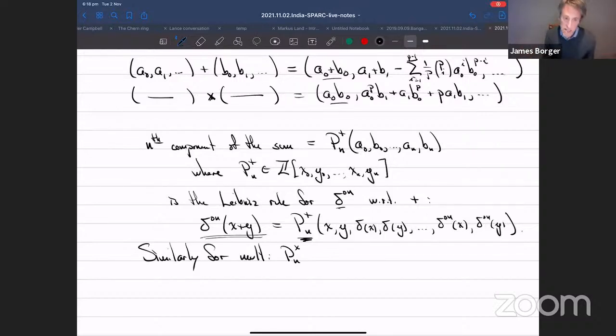One thing that has to be checked, however, is, I think this is exercise 5, check that Pn plus and Pn times are unique.